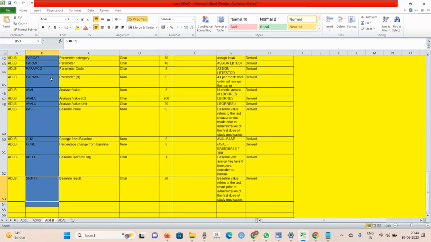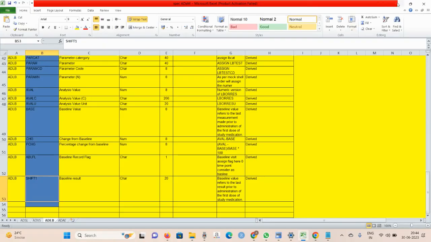Why are you taking all these variables to sort? No, keep. I mean keep. Oh, at the end, you mean? Yeah. At the end, you keep all those variables whatever is in the specification.